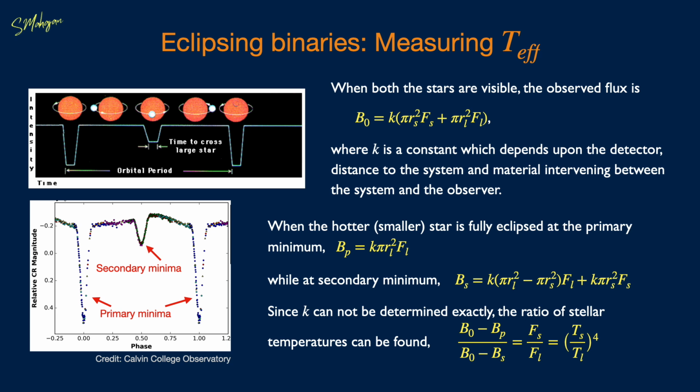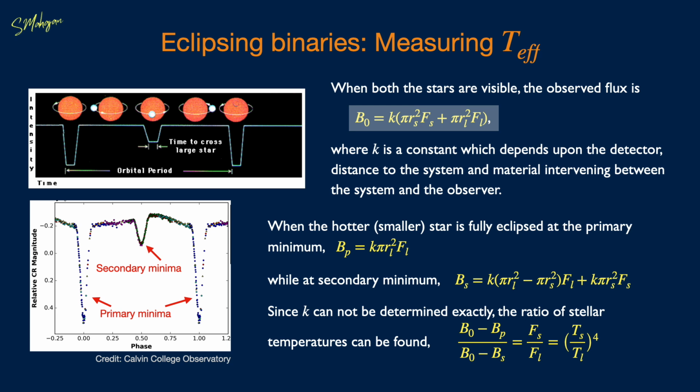From our discussion in the beginning of this video, we know that the flux is proportional to the fourth power of the effective temperature. This implies that when both the stars are visible, the observed flux is given by this expression, where the subscripts S and L represent small and large star respectively. K is a constant which depends upon the detector, distance of the system, and material intervening between the system and the observer.